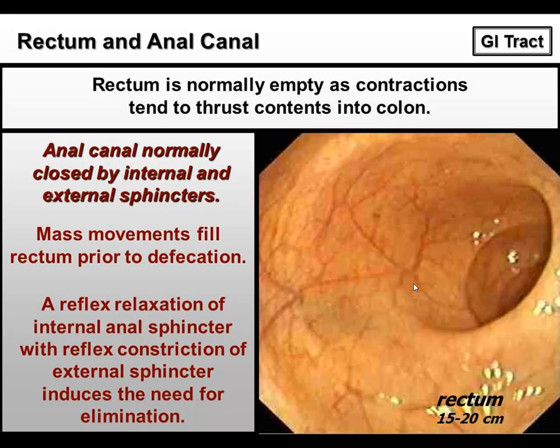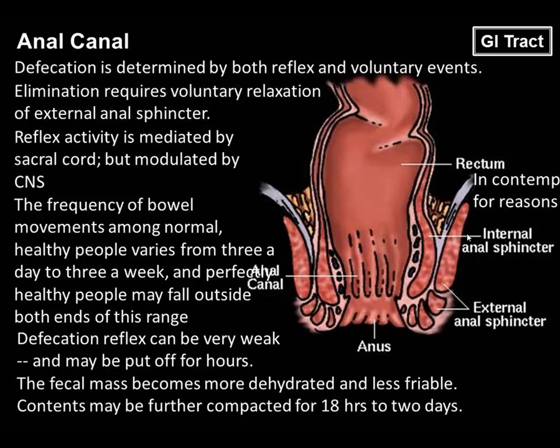And the rectum, the mass movement will fill the rectum prior to defecation, and then there will be a reflex relaxation of the internal anal sphincter if this is stretched. Now, of course, we inhibit this reflex constantly, and we also, the external sphincter of the anus, these are skeletal muscles that we can control, and that we can control our ability to eliminate the food from our rectum, so it doesn't happen autonomically.